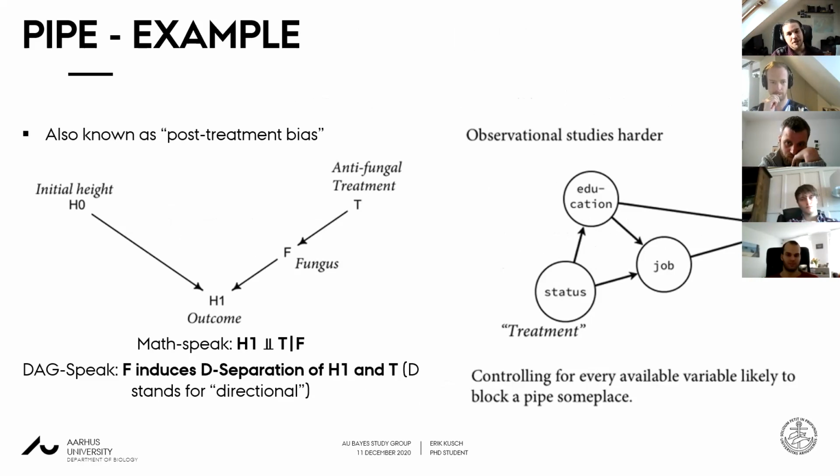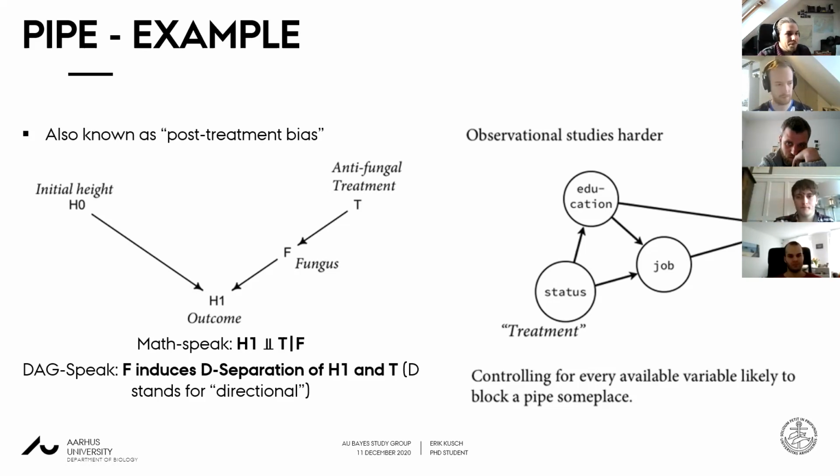When we talk of conditional independence in pipes, we also, in DAG speak, call this D-separation, D standing for directional. And what that means in this case is that when we look at treatment, to fungus, to H1, which is the height, our outcome, we can say that F D-separates, so directionally separates, H1 from T.